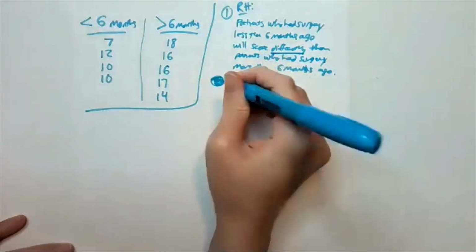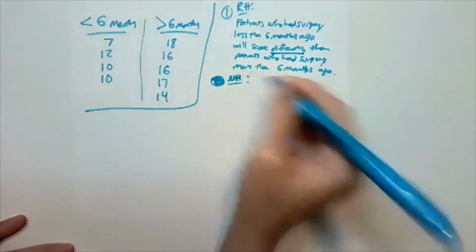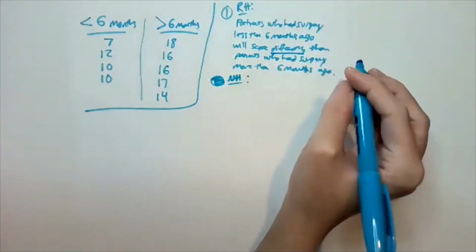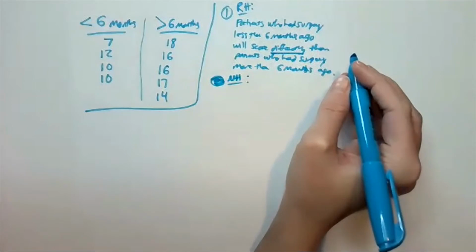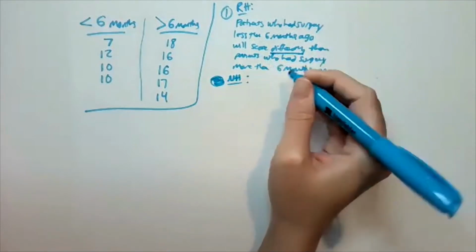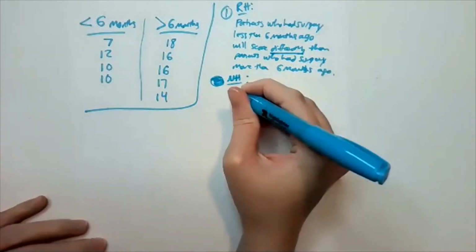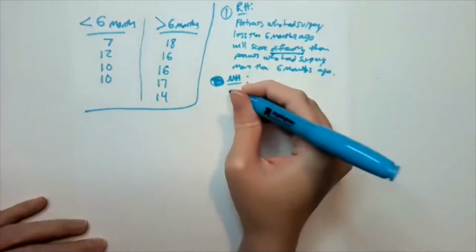Before we get to step 2, let me write out my null hypothesis. Our null hypothesis, we know, is just going to negate this hypothesis. We're going to say that patients who had surgery less than 6 months ago will not score differently than patients who had surgery more than 6 months ago.